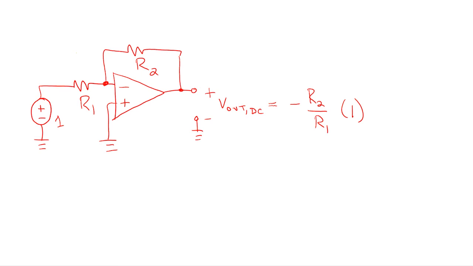So let's say R2 was equal to 2 kilo ohms and R1 was equal to 1 kilo ohm. That would make this guy -2. In MATLAB online and Canvas, I asked you to put that in as a magnitude and an angle.